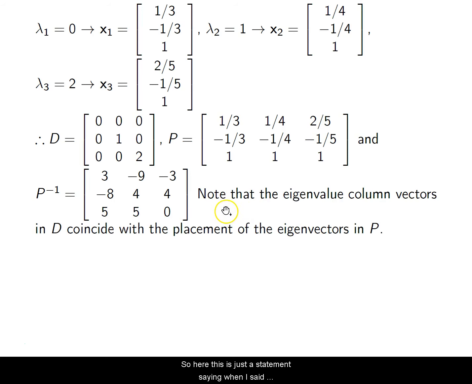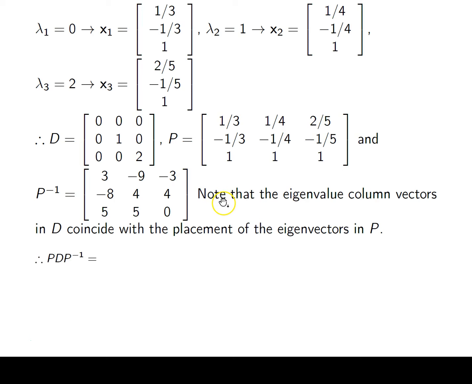Okay, so here this is just a statement saying what I said before. Note that the eigenvalue column vectors here in D coincide with the placement of the eigenvectors in P, right? So again, the first eigenvalue, first eigenvector, second, third. Okay, this is just the inverse of that. There's no real connection between this. These two are the ones that are connected.